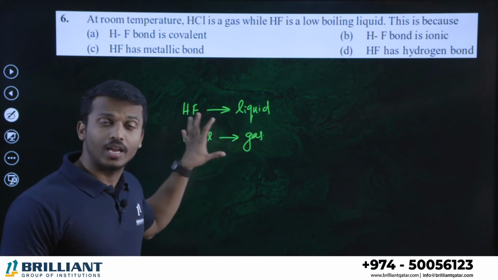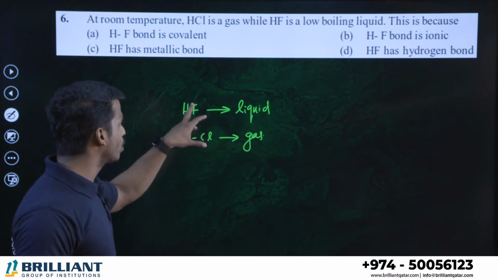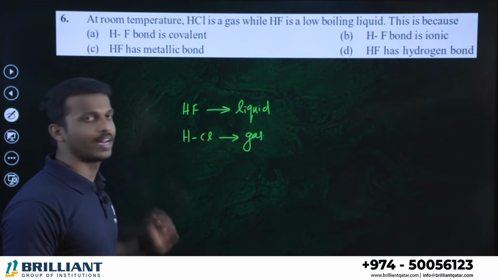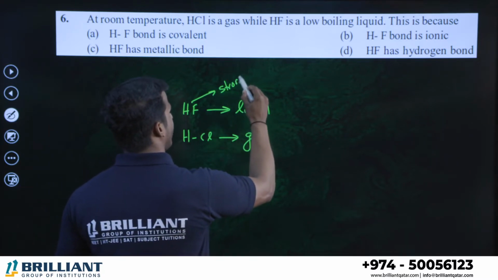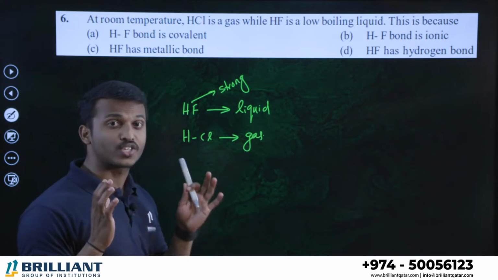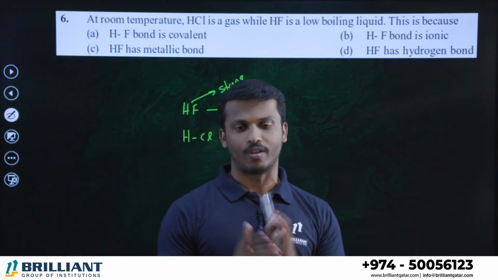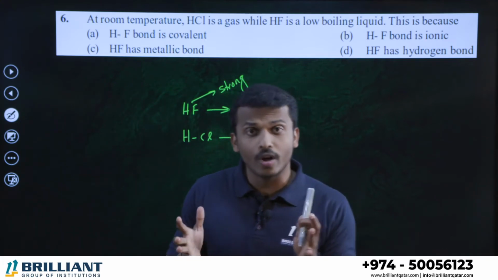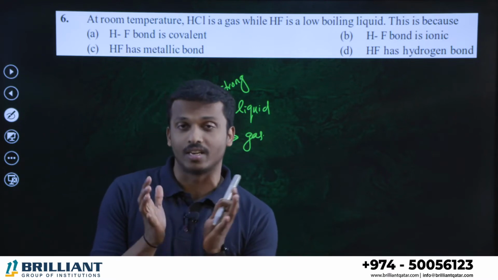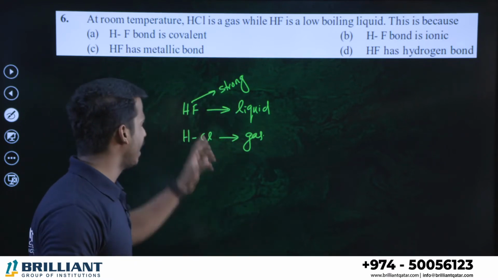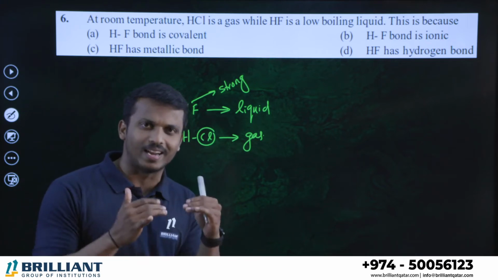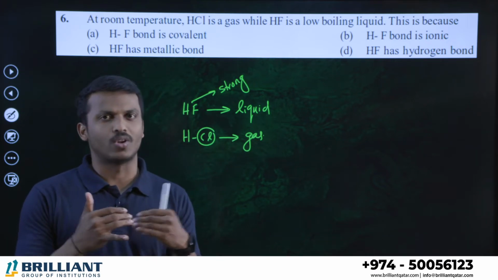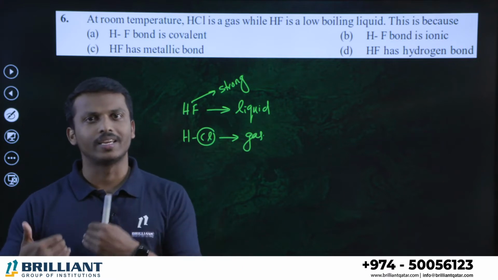Fluorine is the most electronegative element, bonded with hydrogen. That is a very strong bond. Very strong intermolecular hydrogen bonding. The stronger the hydrogen bonding, the more it can exist in liquid state. Whereas in HCl, chlorine's electronegativity is a little lesser, so hydrogen bonding is not that much. So it exists in the gaseous state.